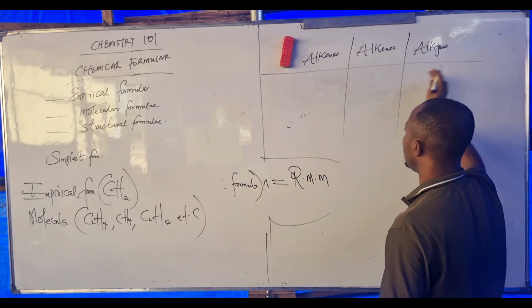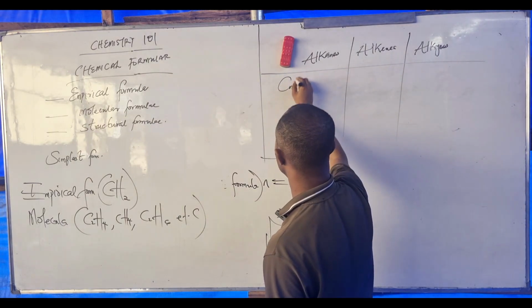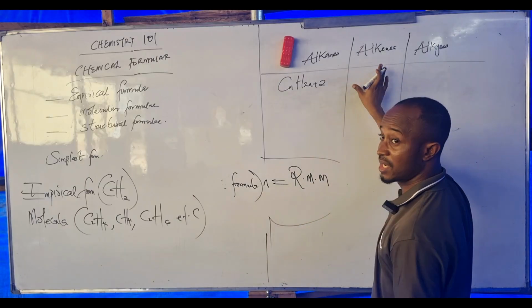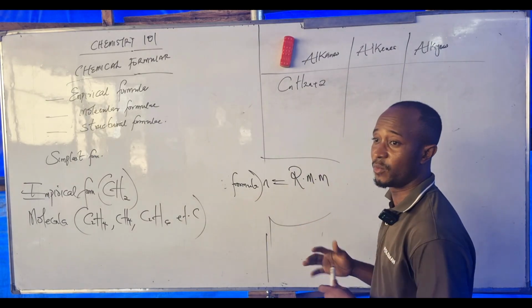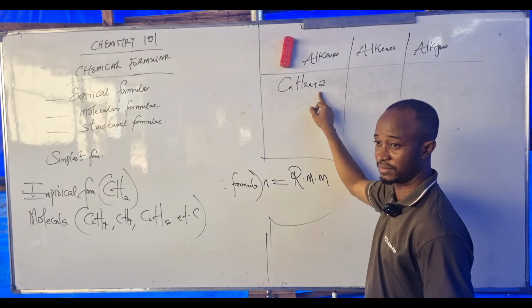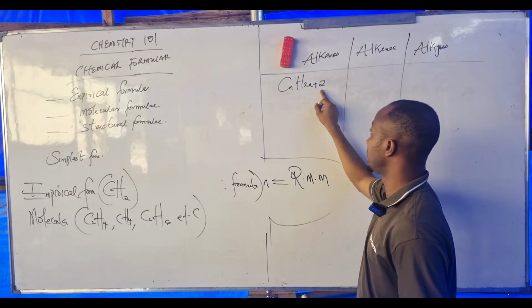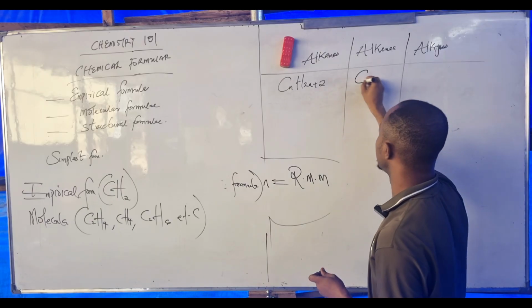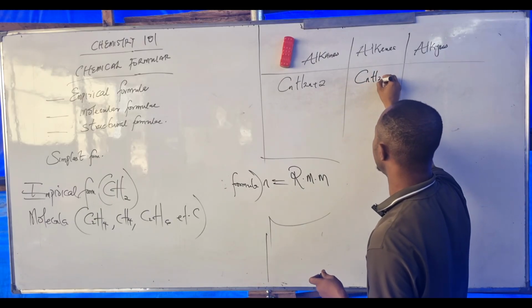The general form of alkane is CnH2n+2. Alkenes are formed from alkane by loss of 2 hydrogen atoms. When you remove 2, what remains is CnH2n, and that will form alkene.